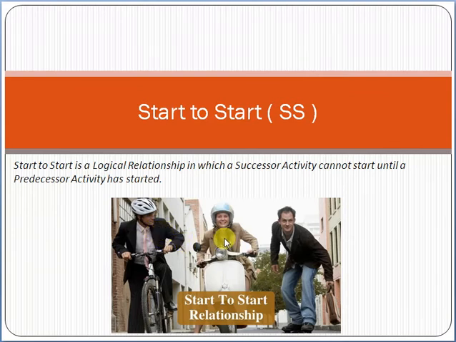Once the other activities start, only then he will start. So this is basically the concept of the successor activity, in which start to start is a logical relationship in which a successor activity cannot start until a predecessor activity has started. Just keep in mind that these three activities will start simultaneously. This is called the concept of start to start, or double S.